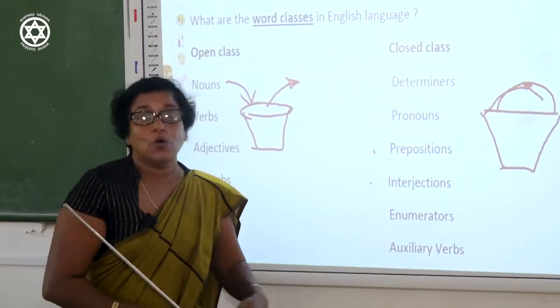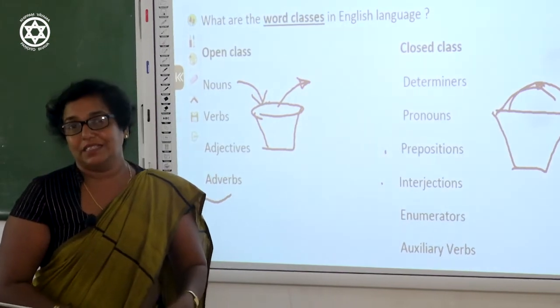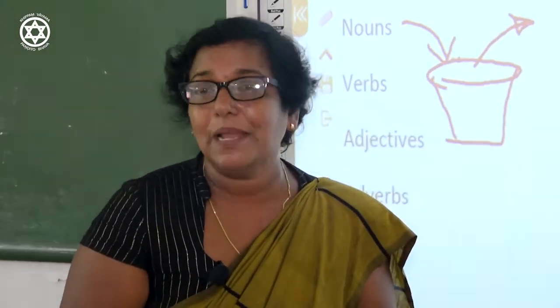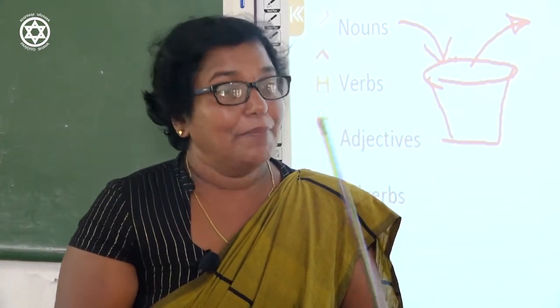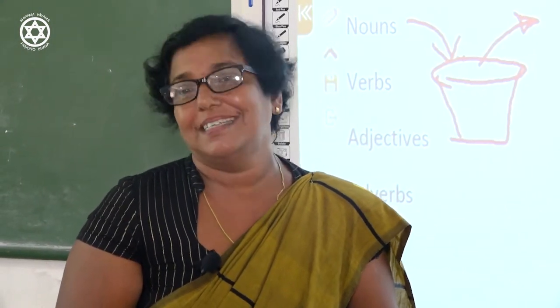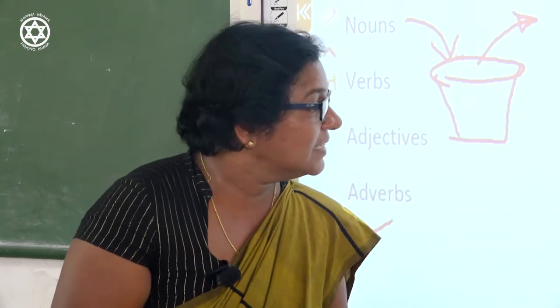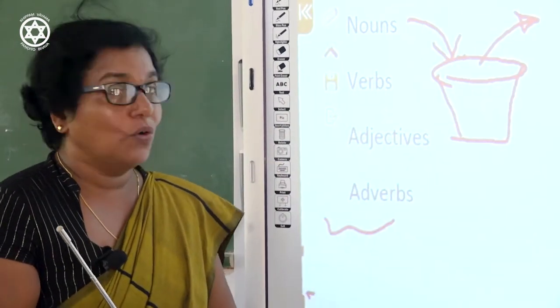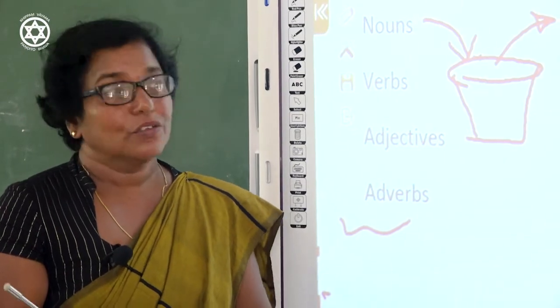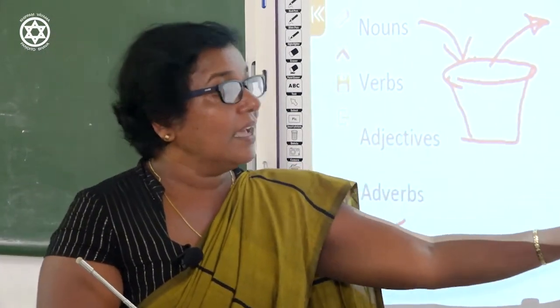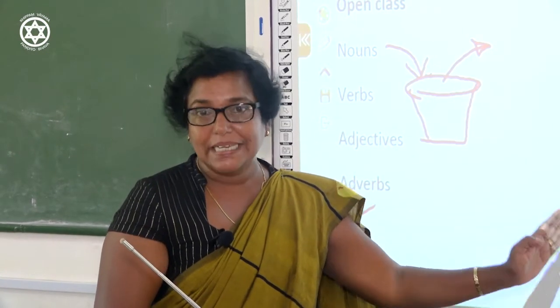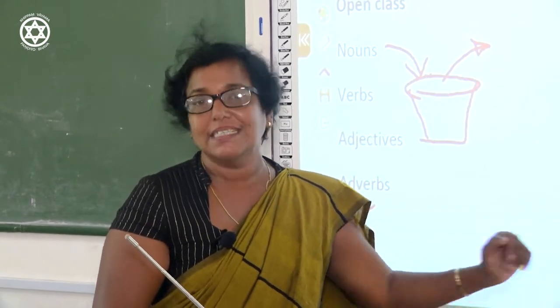These words are known as grammatical words. Why do we call them grammatical words? They help us in maintaining the grammar in a sentence. These are lexical words; they have meaning. These are grammatical words; they help us in maintaining the grammar in a sentence.